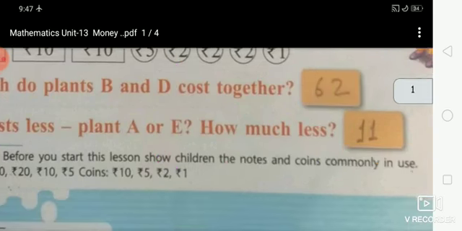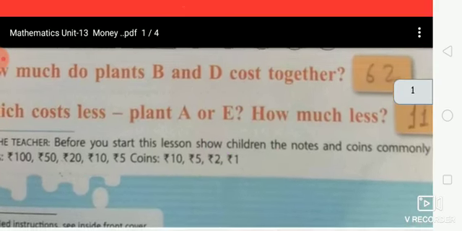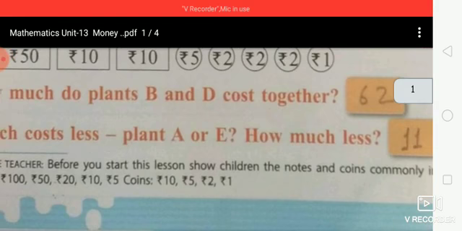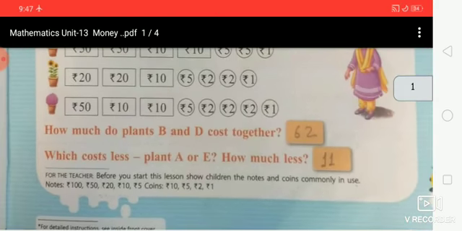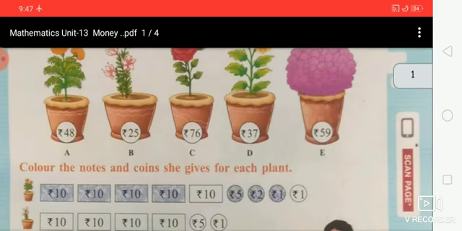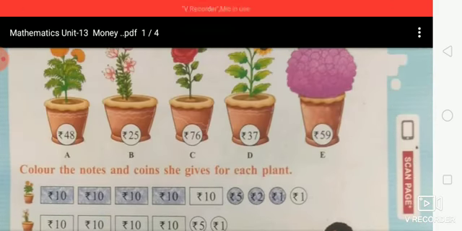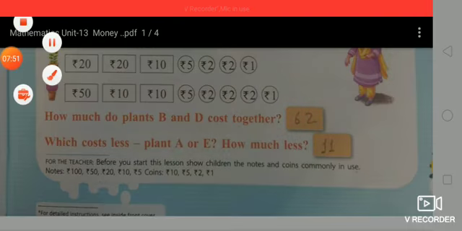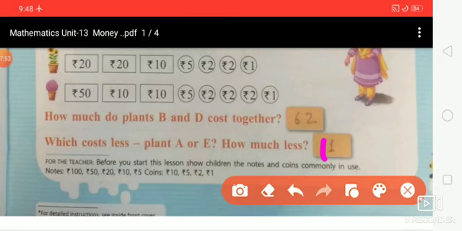Now next, which costs less, plant A or E, and how much less? Look here: pots A and E cost 48 and 59. So 59 minus 48 is equal to 11.